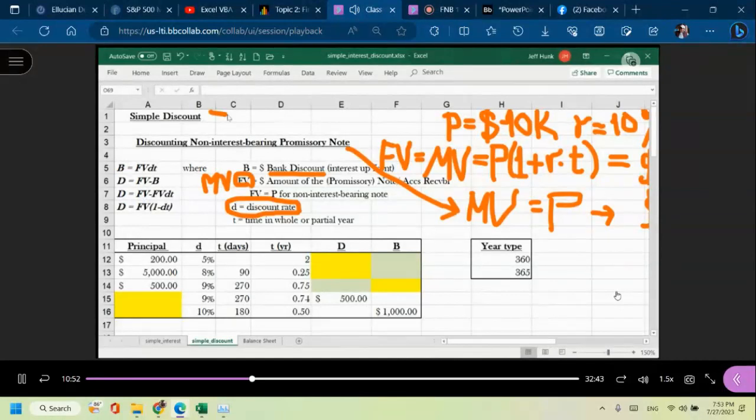there's a parallel between interest and bank discount, because interest is P times R times T. Now think about this. In case of a zero coupon, non-interest paying promissory note, this is exactly P, isn't that right?